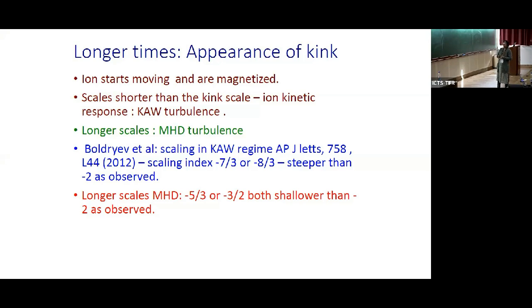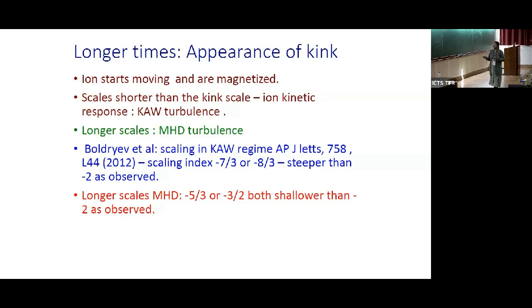And the scalings, although we are not very precise with the numbers, the scales were shallower above and steeper here. And as per Boldrev et al., the kinetic Alfvén wave regime has a scaling of -7/3 or -8/3, which is steeper than -2, as observed in the evolution. And at longer MHD scale, it was shallower than -2.